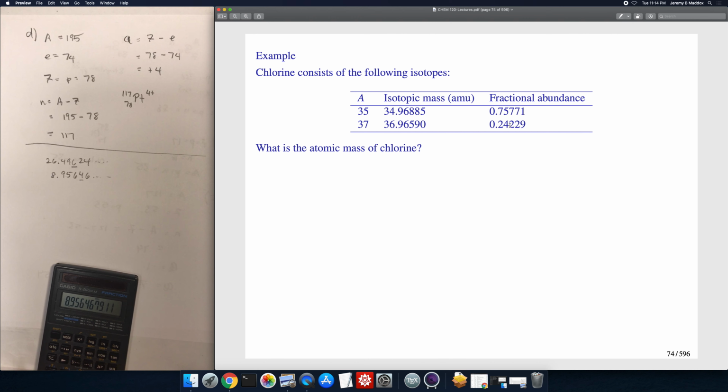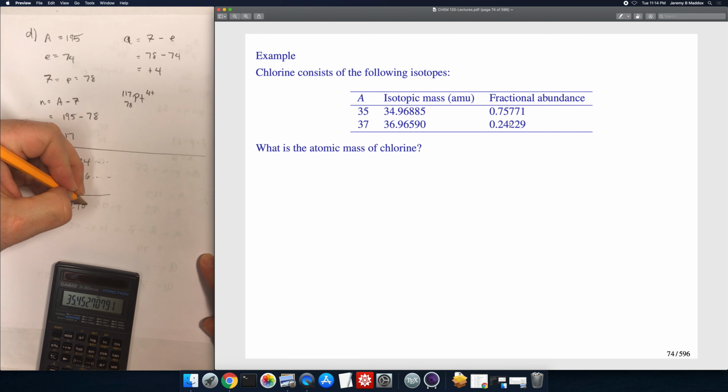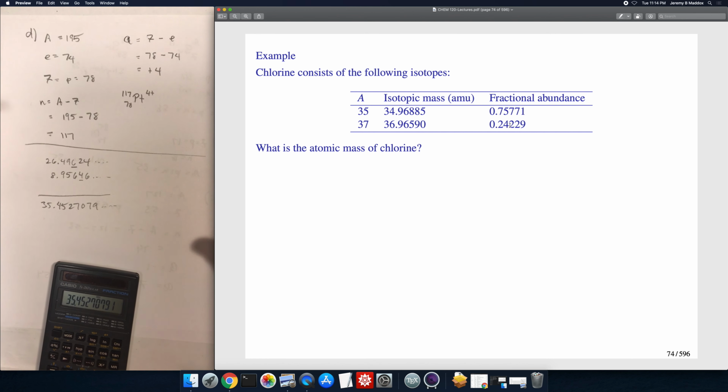And now I'm going to add this number in my calculator to the one above, plus 26.49624. And so I get 35.4527079 and some change. And since we're adding, we want to evaluate the last significant decimal place.